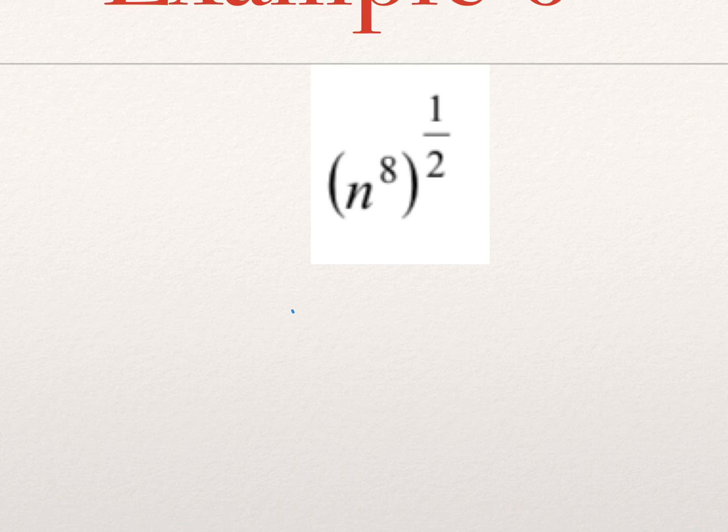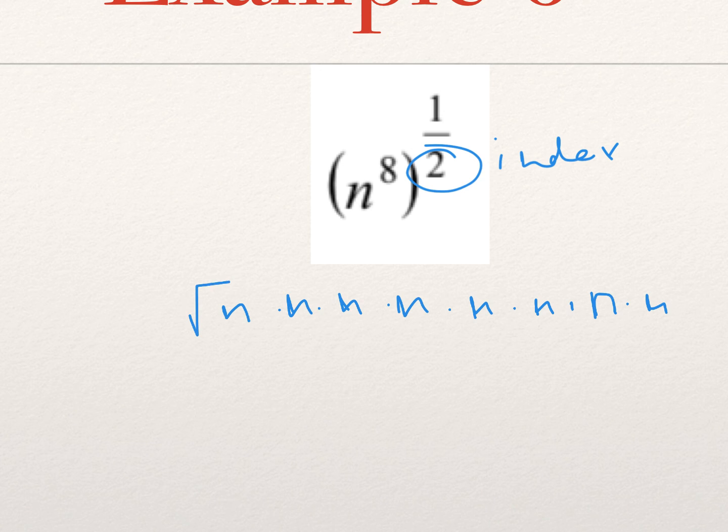So we have n times n, 4, 5, 6, 7, 8. And then what do we do? Perfect. This is our index, so that goes out front, so it's like the square root of n 8 times.